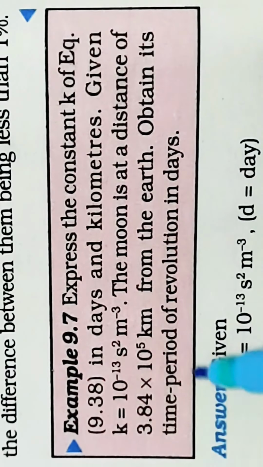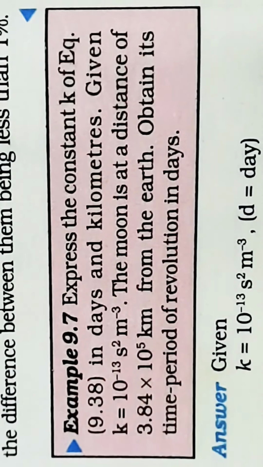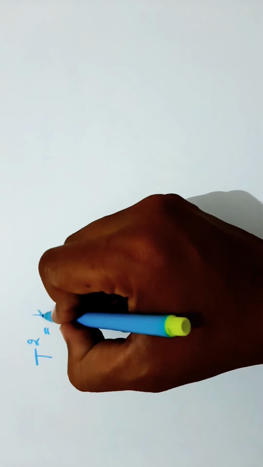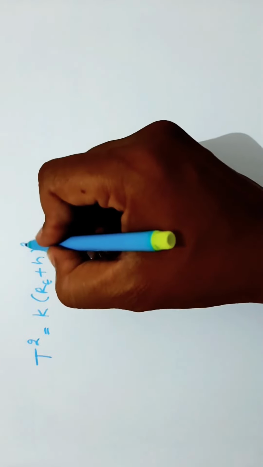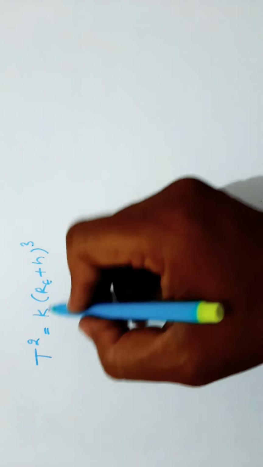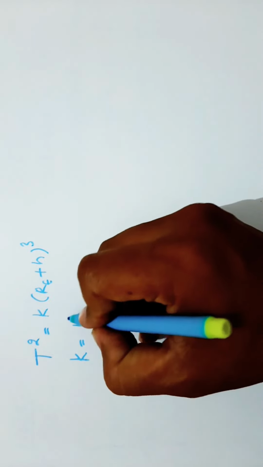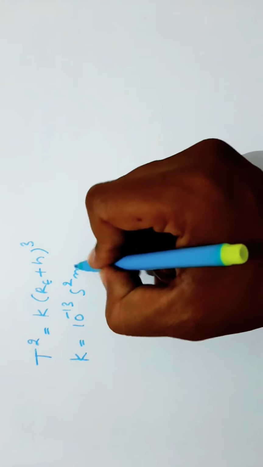Obtain its time period of revolution in days. Here equation 9.38 is T square is equal k into RE plus h whole cube. So here k is given. So k is equal 10 to the power of minus 13 second square per meter cube.